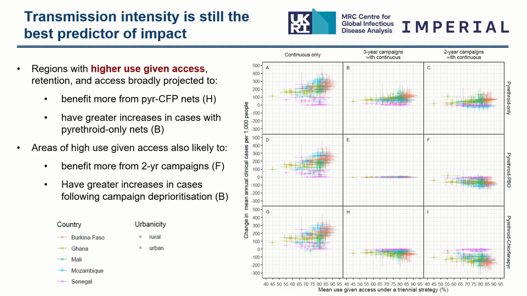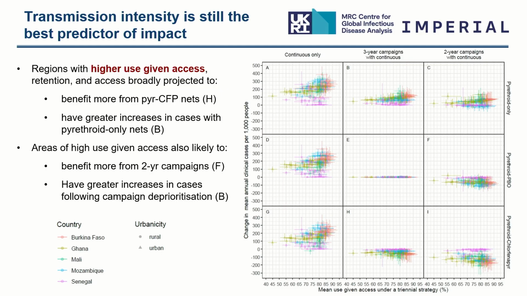In this plot, I'm showing our estimates of use given access for all of the different regions that we looked at, and we can see a similar relationship between the predicted impact from switching to different strategies versus use given access, where broadly speaking, regions where nets are more likely to be used, so that's towards the right of each panel, they're regions where we would expect there to be more cases averted with either increasing campaign frequency or moving from say PBO nets to chlorphenapyr nets.